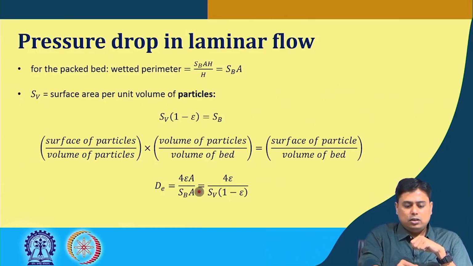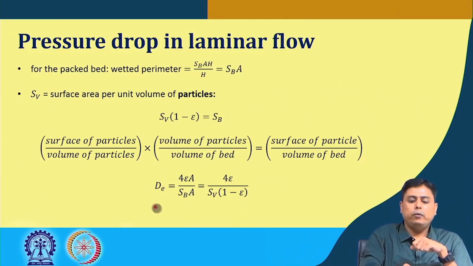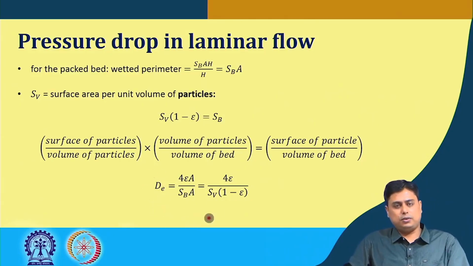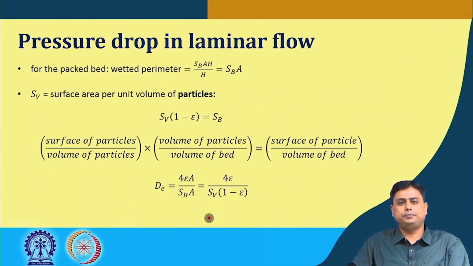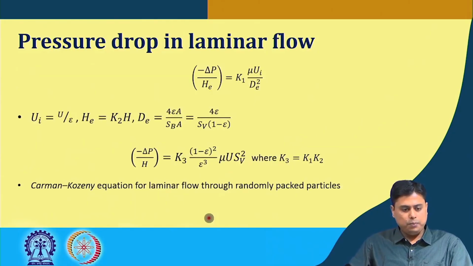So having said that, the d E we get from this expression is the equivalent diameter. And then what we do, we go back to the expression that del P by H was a constant multiplied by mu u by d E square.